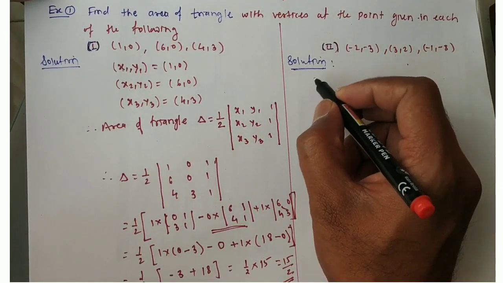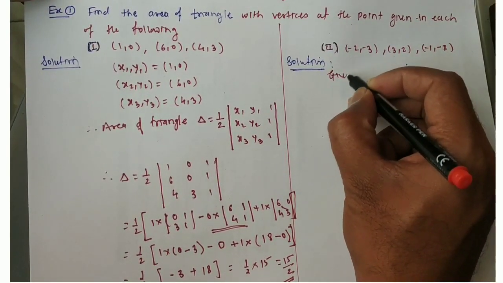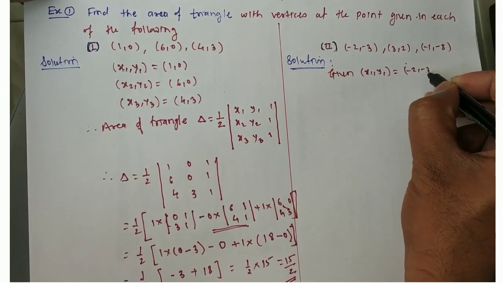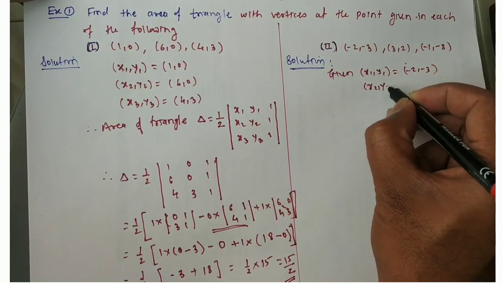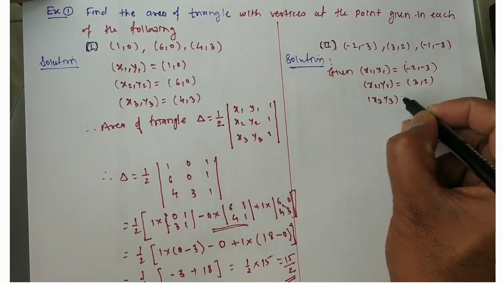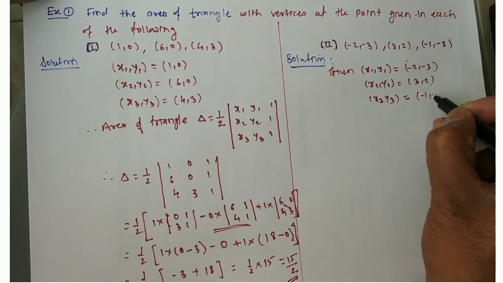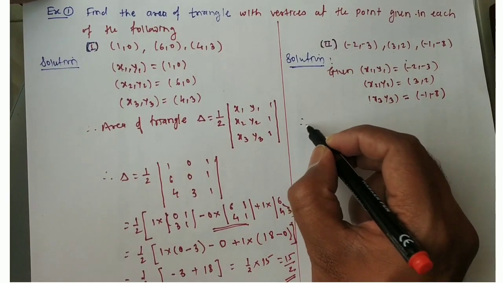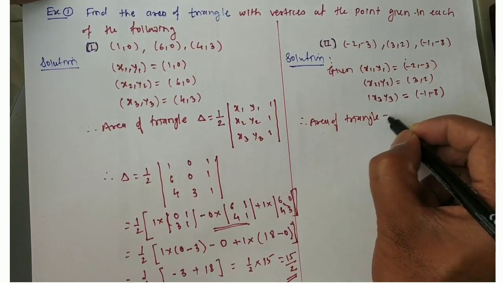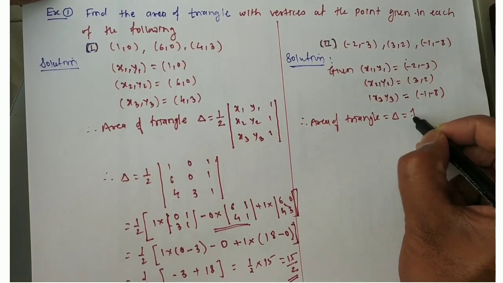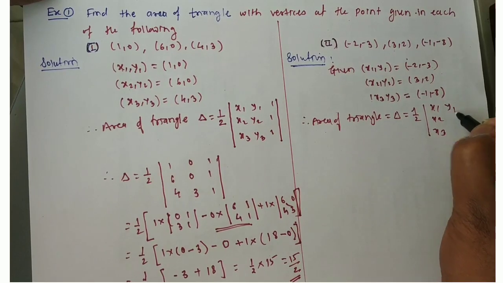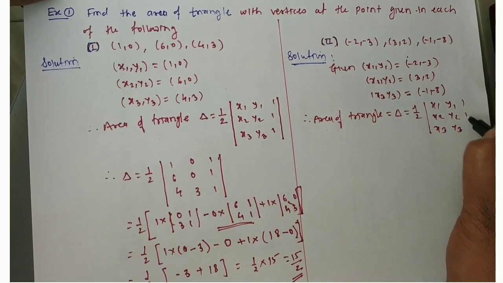In the second problem they have given x1 y1 as (minus 2, minus 3), x2 y2 as (3, 2), and x3 y3 as (minus 1, minus 8). Therefore the area of the triangle is del, equal to 1 by 2 times the determinant of x1 x2 x3, y1 y2 y3, 1 1 1.